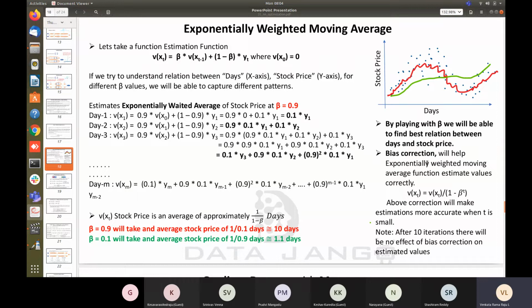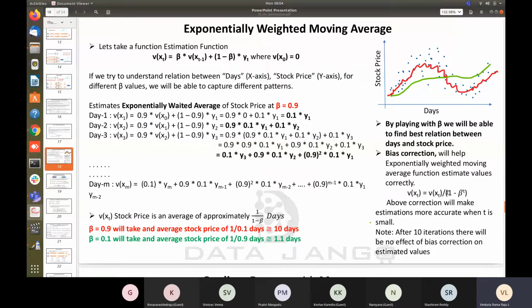The next concept I am going to explain will help the exponentially weighted moving average function estimate values correctly when the iterations are at the beginning. I told you, right, in the first iteration the calculation was not correct. V of x1 is only taking 10% of y1.